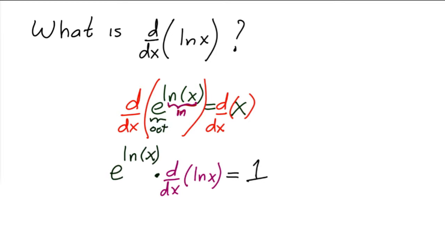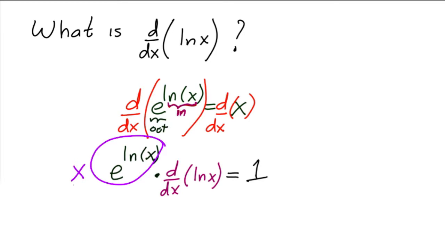Well, check this out. This right here, e to the natural log of x, that was my original starting point. This is simply equal to x. So then what I have is that x times the derivative of natural log of x is equal to 1.